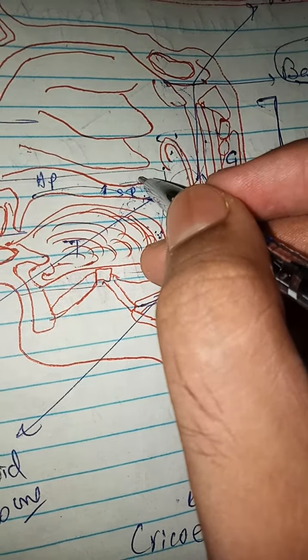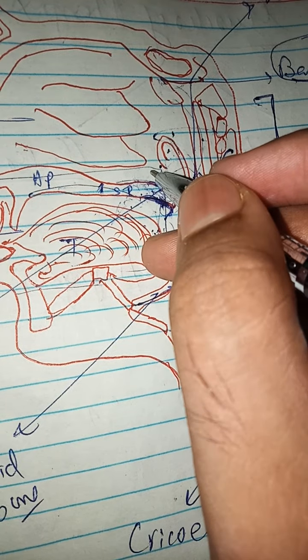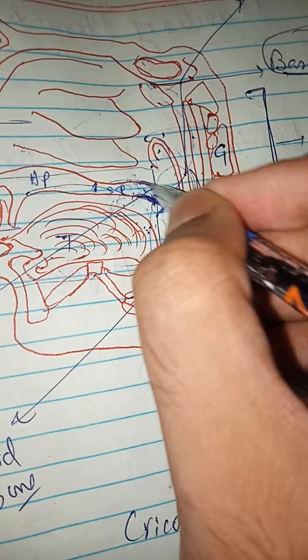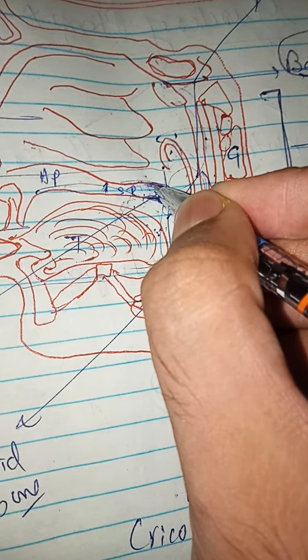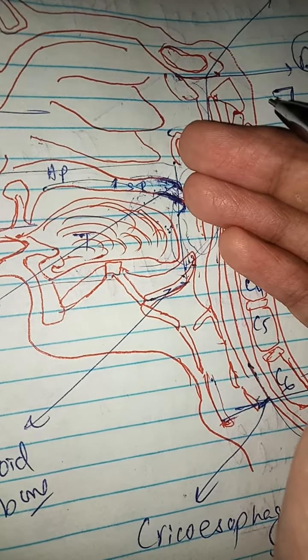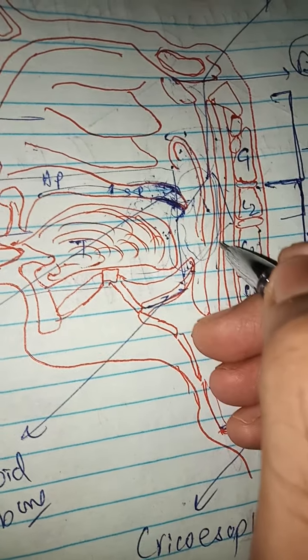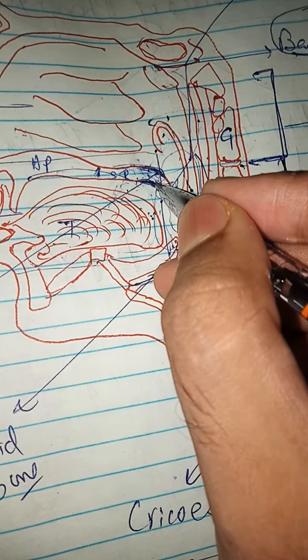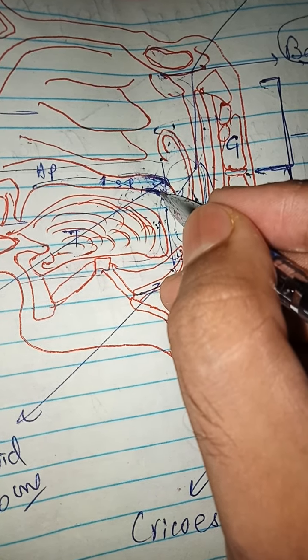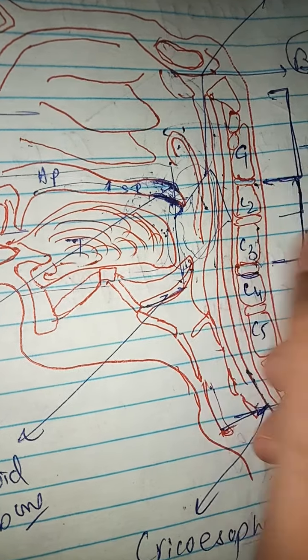Levator veli palatini and palatopharyngeus are on the superior surface of the palatine aponeurosis, and they elevate the palate. The palatoglossus is on the inferior surface of the palatine aponeurosis, so it depresses the palate.